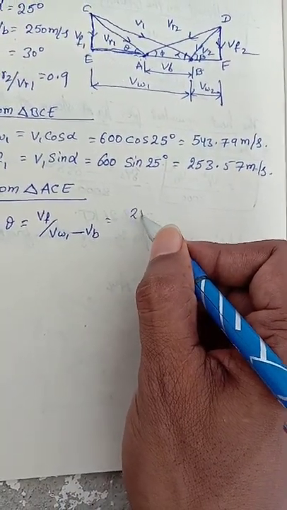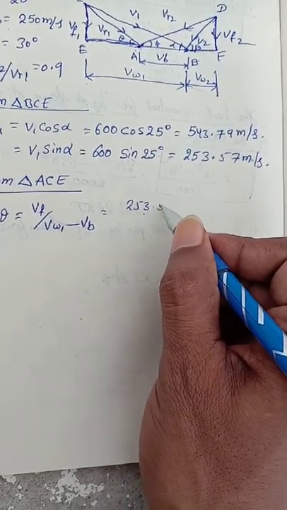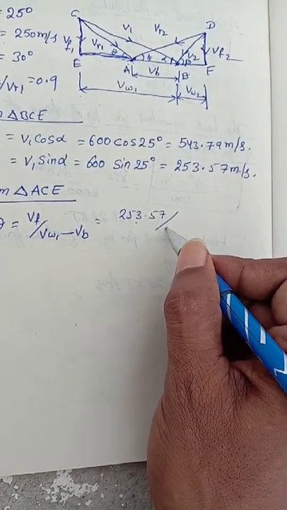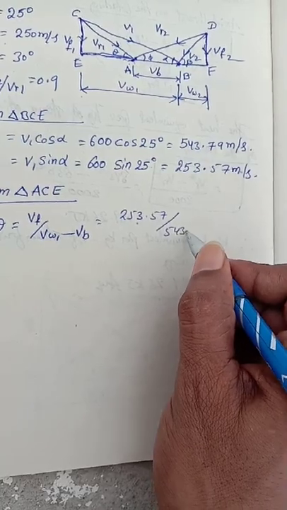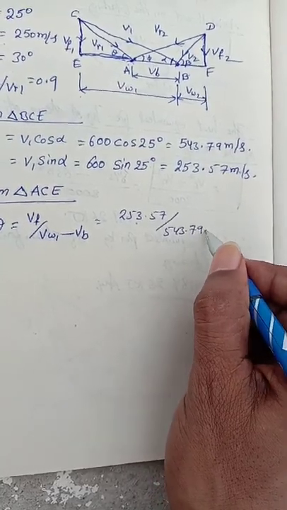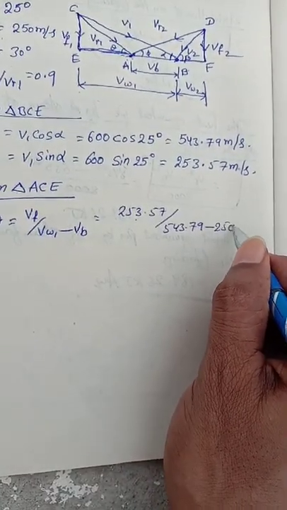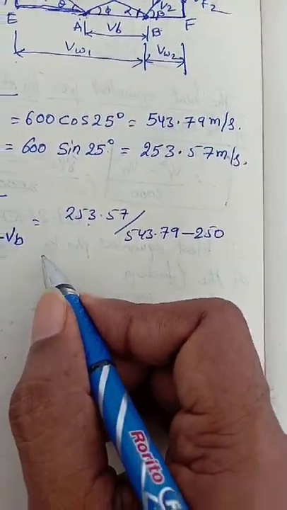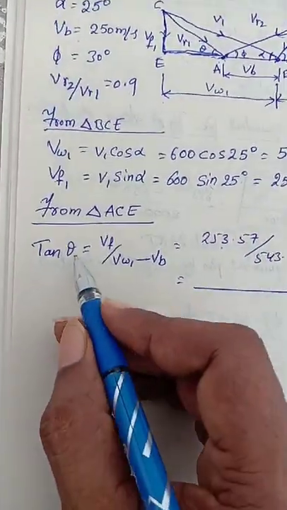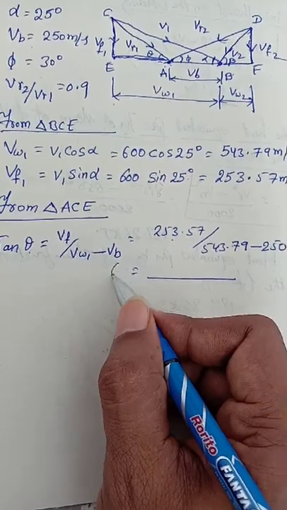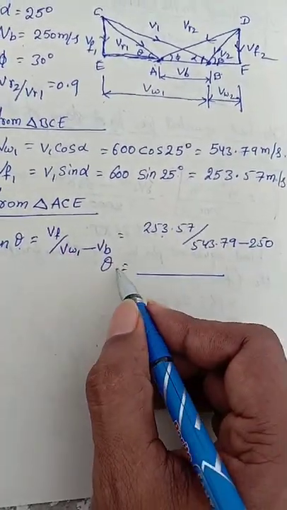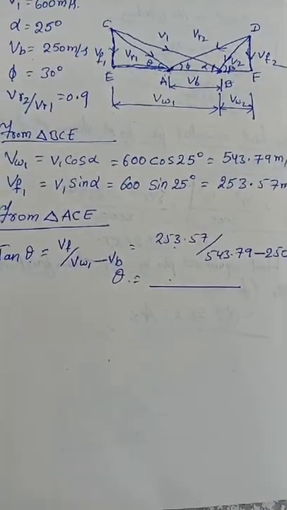Now here we got 543.79 minus 250. To solve this, you will get the angle theta.